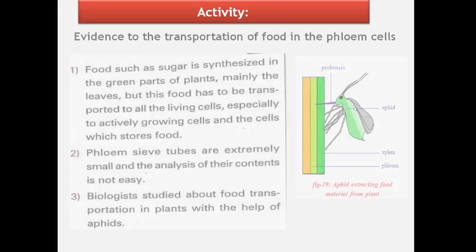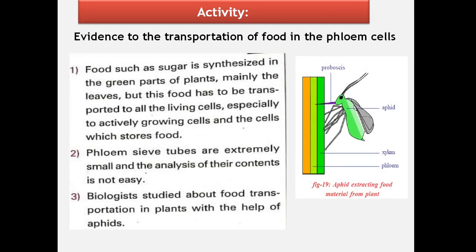Now, let us observe an activity which provides evidence that food is transported in the phloem cells. We already knew that green plants, that is leaves, synthesize food such as sugar, and this food is to be transported to all the living cells and the cells which store the food.